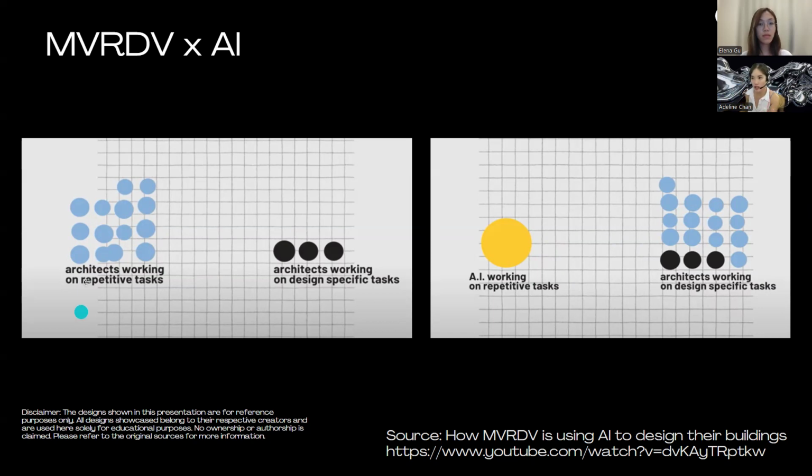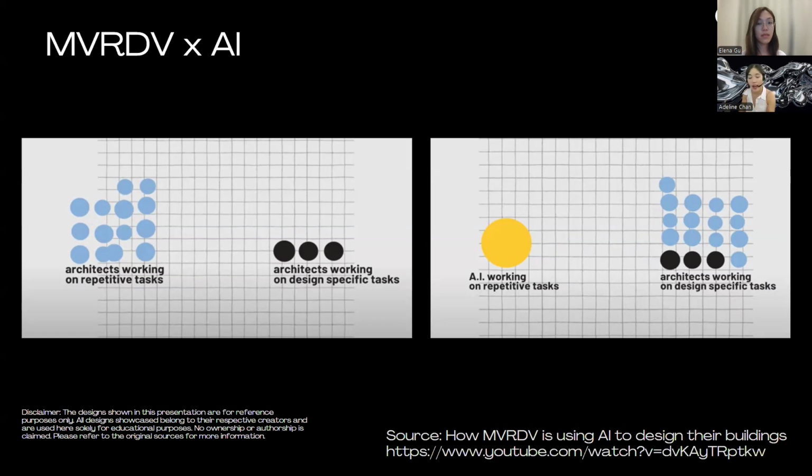It's quite easy to understand if we look at this diagram here. Architects used to work on repetitive tasks. The majority of us in an architectural consultancy firm, in blue, and a few higher-up seniors would be working on design-specific tasks. Good for them. But that's not the reason why everyone goes to architecture school. No one goes to architecture school to work on repetitive tasks.